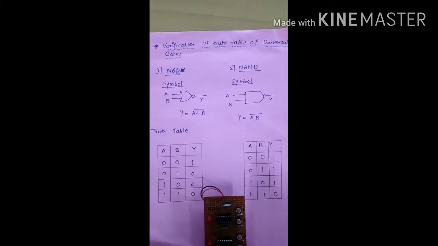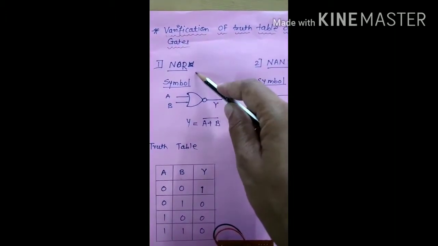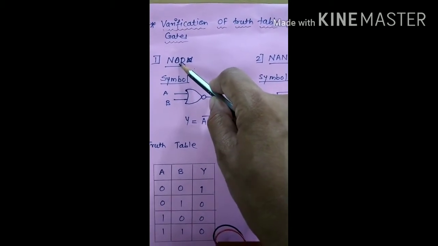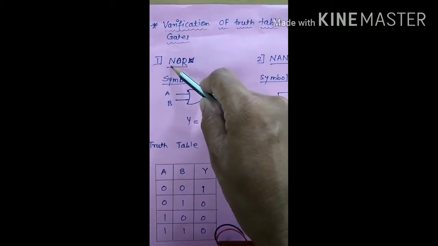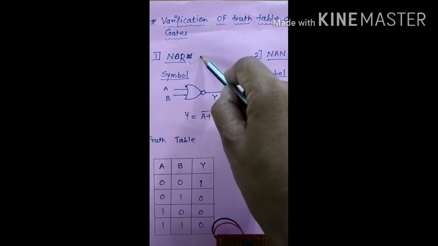So let us see. First gate is a NOR gate. NOR gate is a combination of N for NOT and OR for OR gate. So these two basic gates are combined together and then form NOR gate.